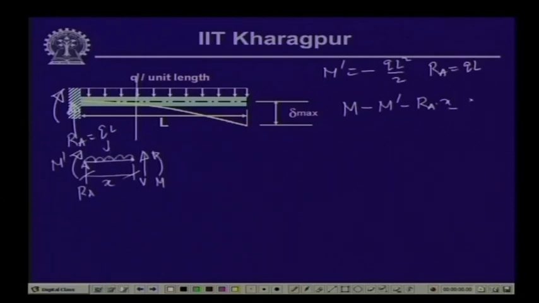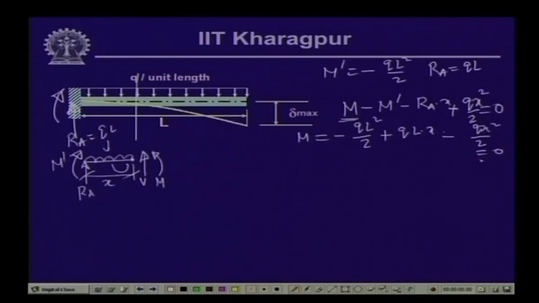So, minus q into x times x by 2, which is q x square by 2, equals 0. So, this gives us that the value of the moment M is equal to M dashed, which is minus qL square by 2, plus RA into x. So, qL into x, plus q x square by 2, because q x square by 2 has a moment in the same direction, the clockwise direction. So, this is going to be equal to minus q x square by 2. So, this is equal to 0.